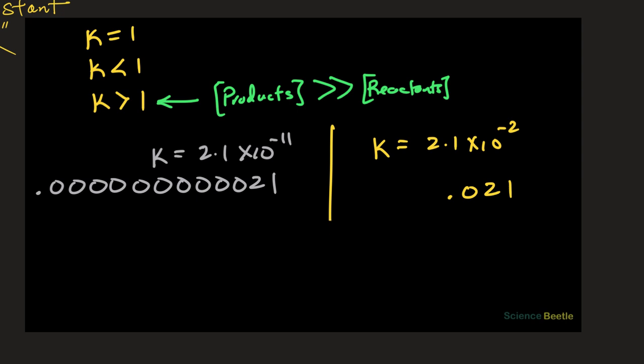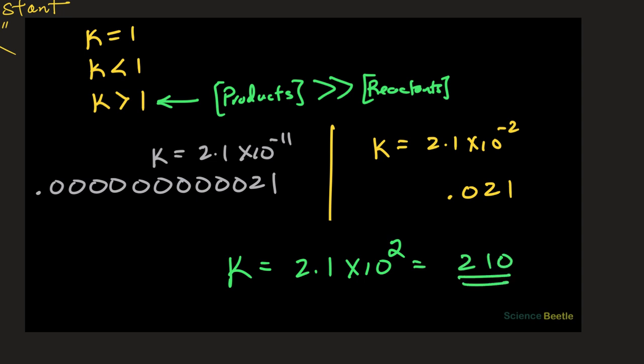For that, let me put another one down here at the bottom. An example of a reaction that goes to completion would be something like k equal to 2.1 times 10 to the 2. So notice here the exponent of 2. If we convert this into decimal form, that's 2, 1, and so it's 210.